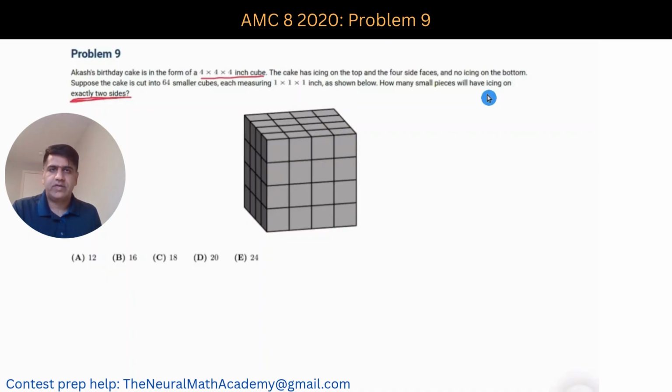What we can do, we can simply count the number of cubes, but we need to make sure they have icing on the 2 sides only. So if I see 1, 2, 3, and similarly I will have 1, 2, 3.